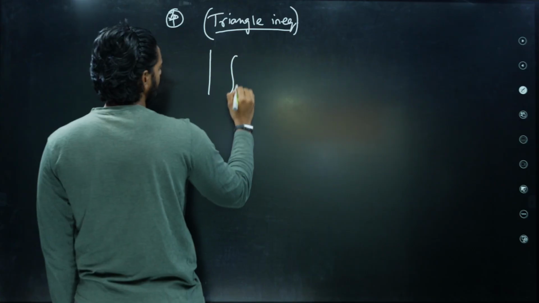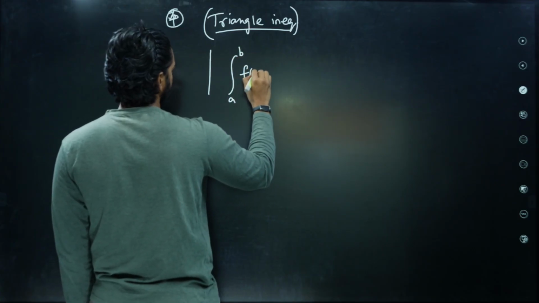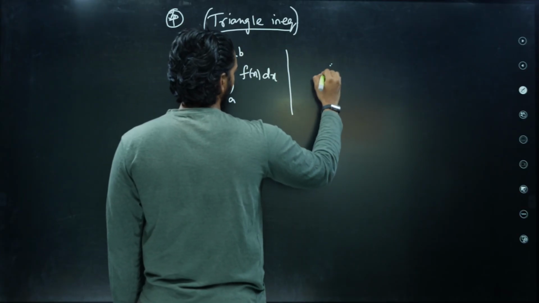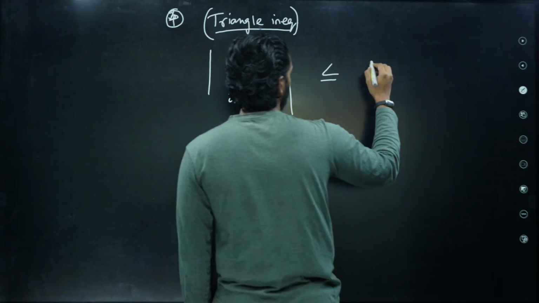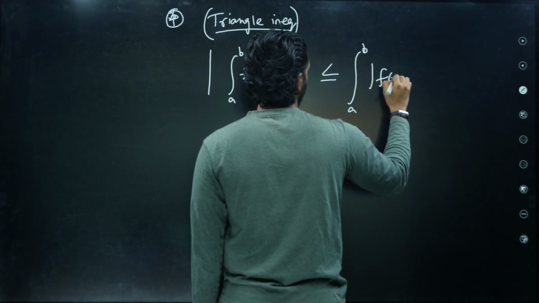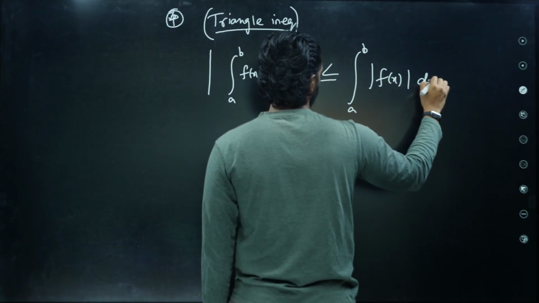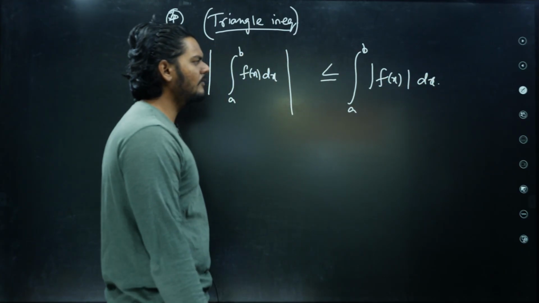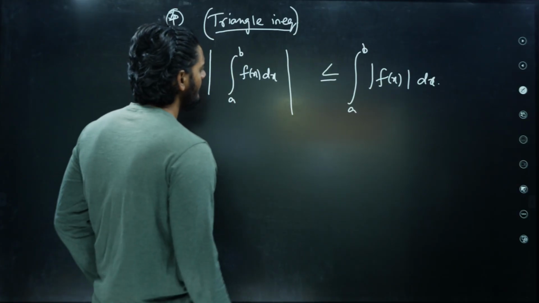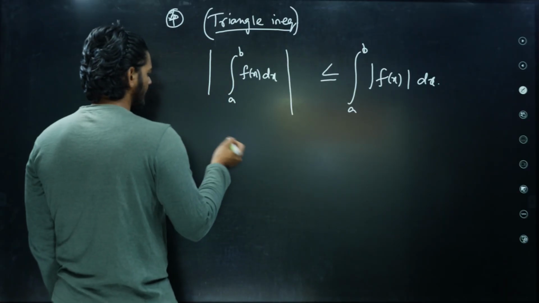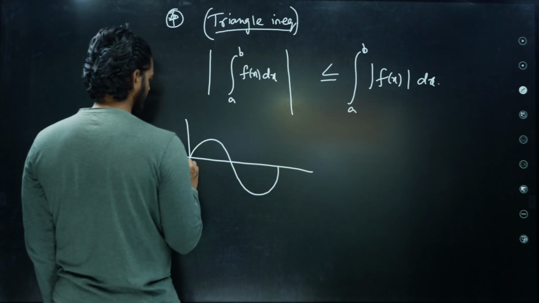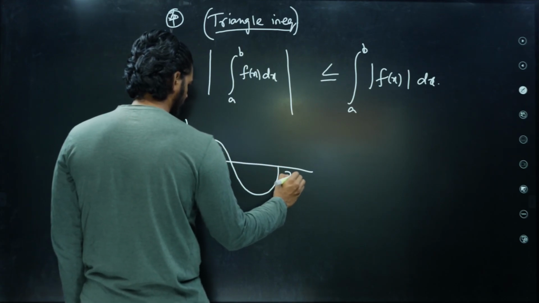Mod of the integral of f of x dx is always less than or equal to the integral of mod f of x dx. So how do you intuitively think about it? I am only telling you the intuition, right? So suppose we take sin x between 0 and 2 pi.